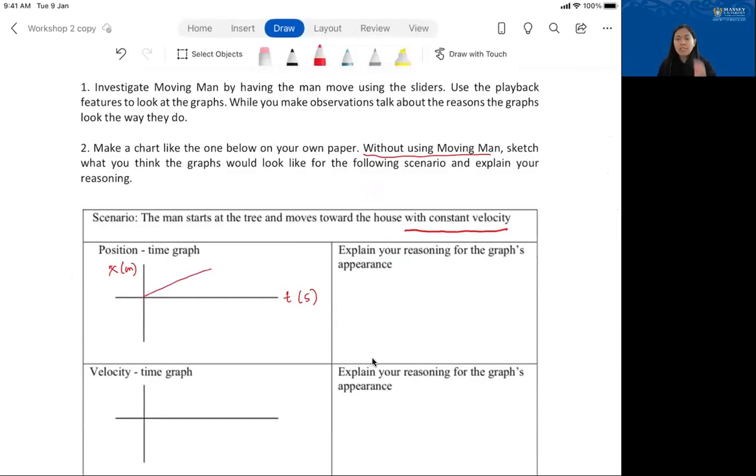We've also seen in the lecture, if you have a straight line graph, the instantaneous velocity at each point will be the same, because the steepness of the tangent line at each point will be the same. Therefore, a straight line position time graph will give you a constant velocity.